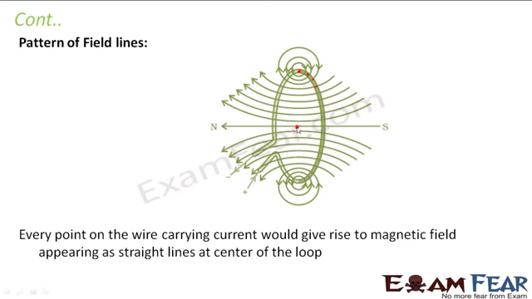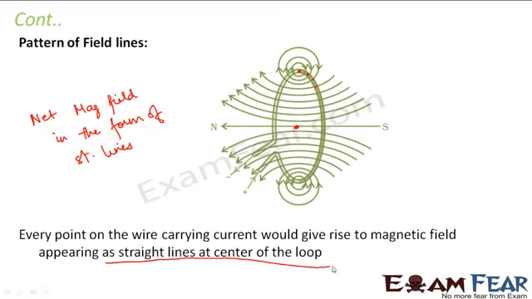So the net result is that there would be a net magnetic field at the center, which would be perpendicular to the plane of the wire, in the form of straight lines. So here you can see this would give rise to magnetic field appearing as straight lines at the center of the loop. So that would be the pattern of the magnetic field.